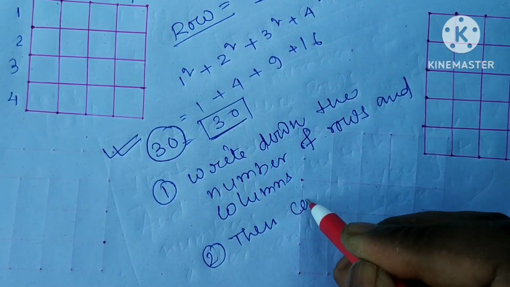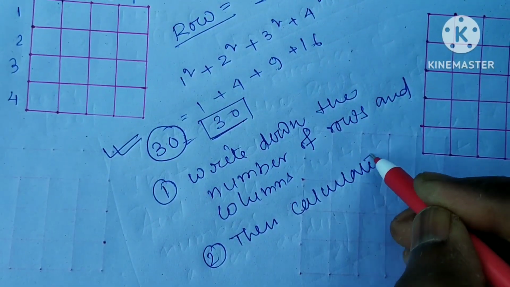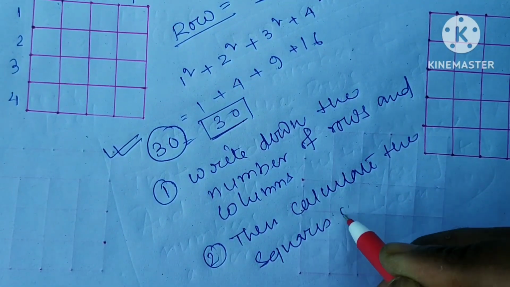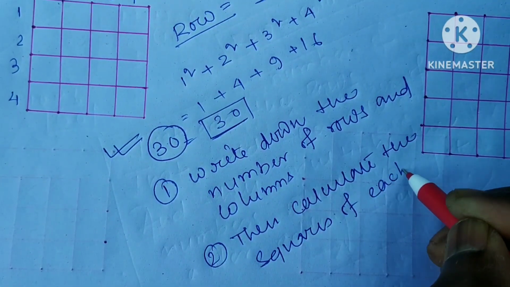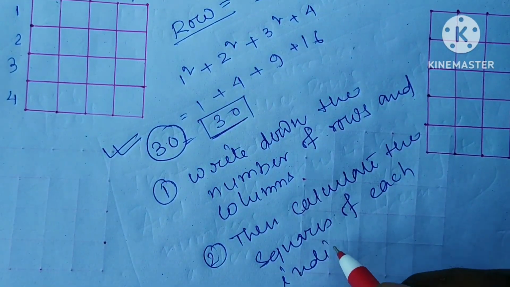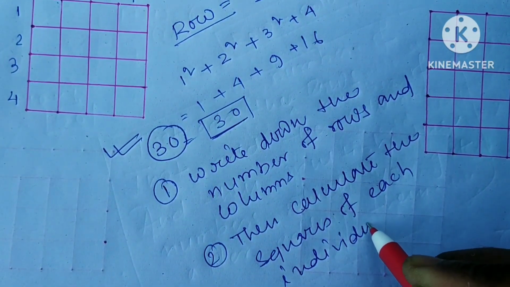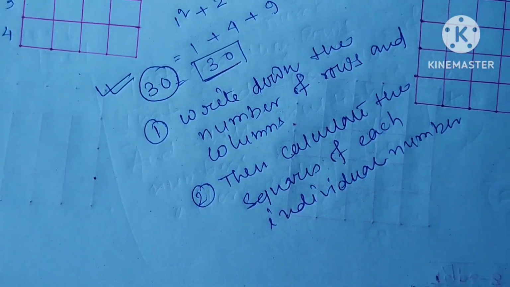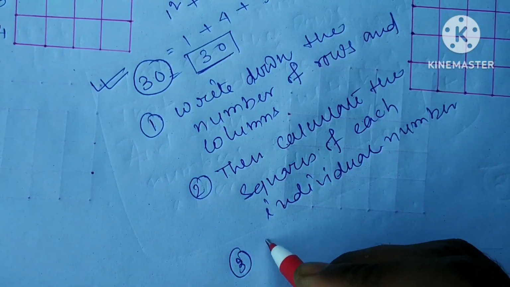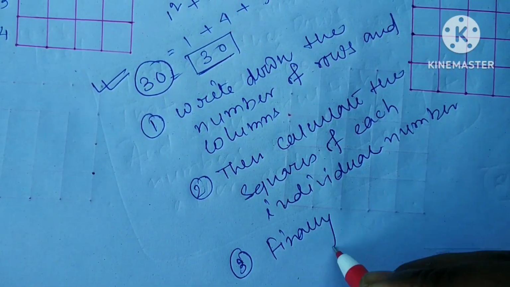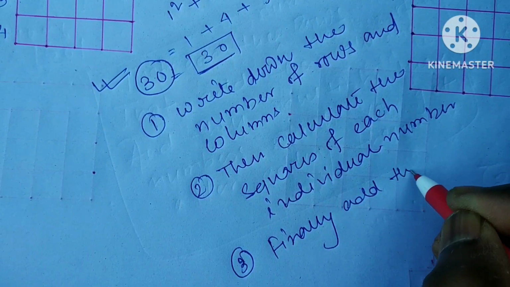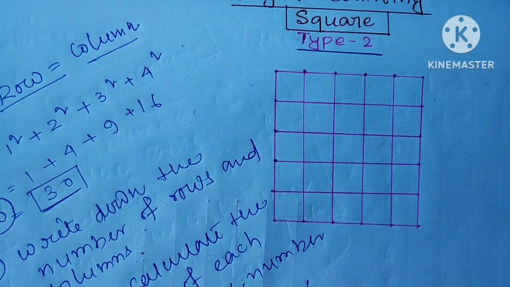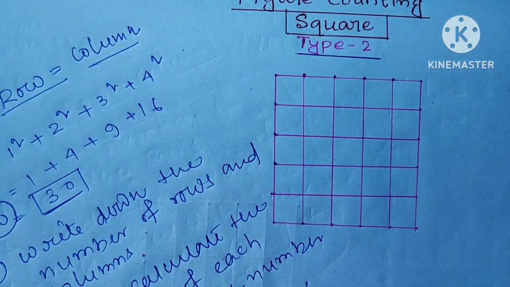Then calculate the squares of each individual number, and step 3, finally add them. So according to this rule, we have to find the number of squares in that figure.